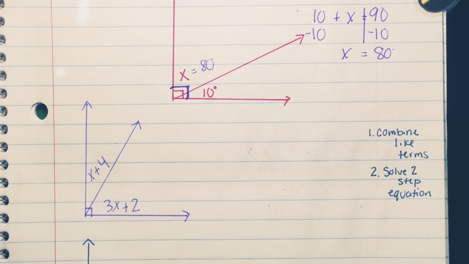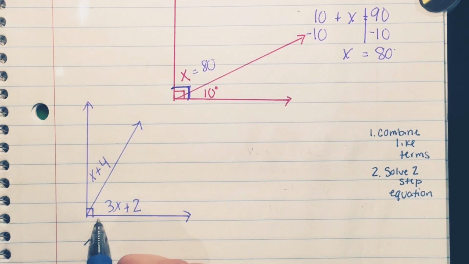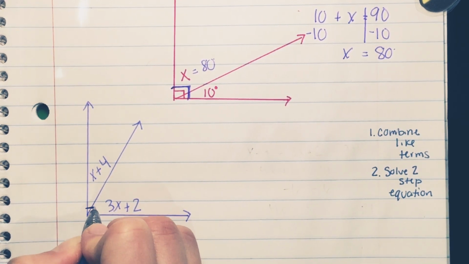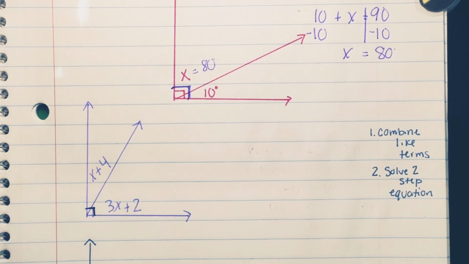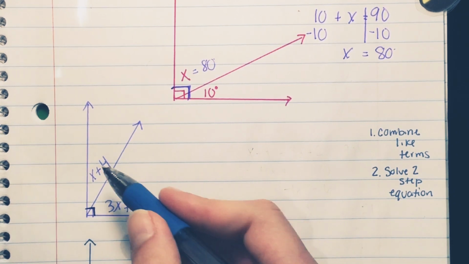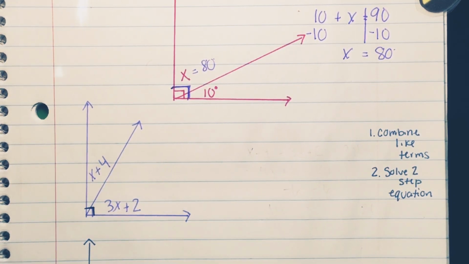So, things we need to know is that this angle here equals 90 degrees, right? So when I add these two angles together, they should equal 90 degrees. I'm just setting up my problem.